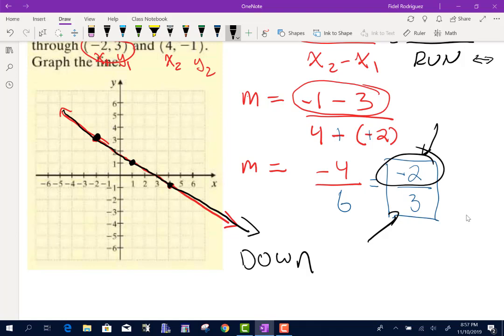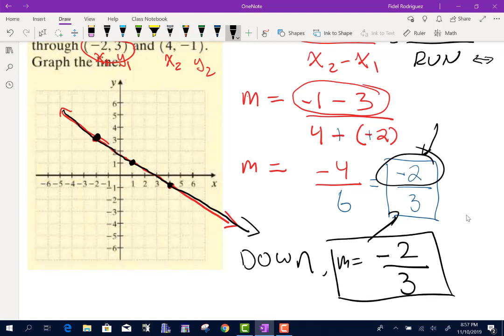Not only is my line going down, but our slope was -2/3. So let me fix this real quick. My m, which was our slope, was -2/3. So if my slope is negative, my line is going to be going downward. Or if my line is going downward, my slope will be negative.